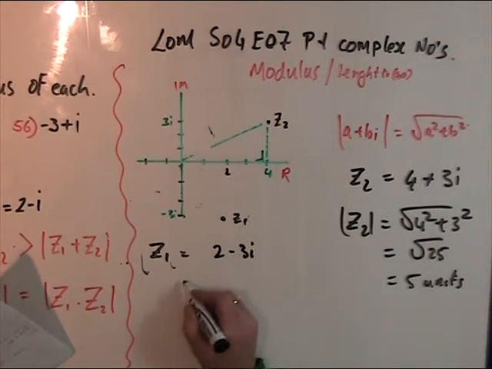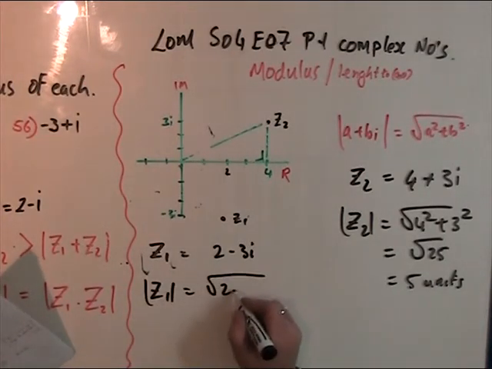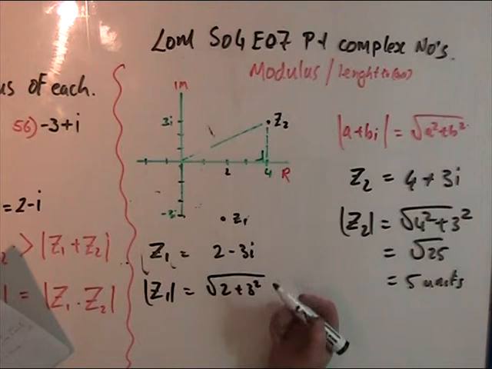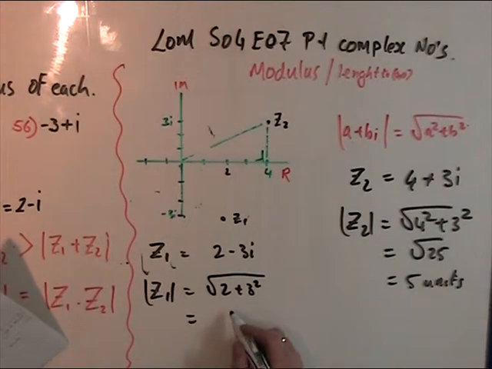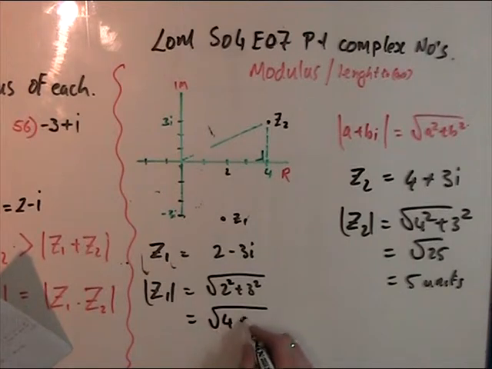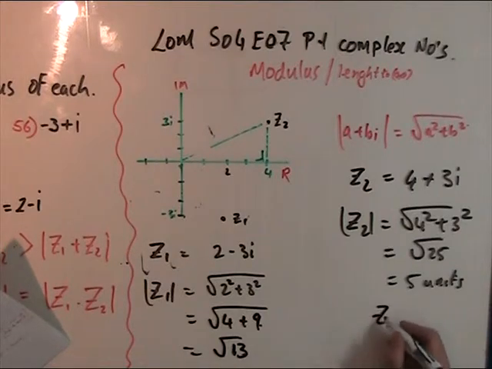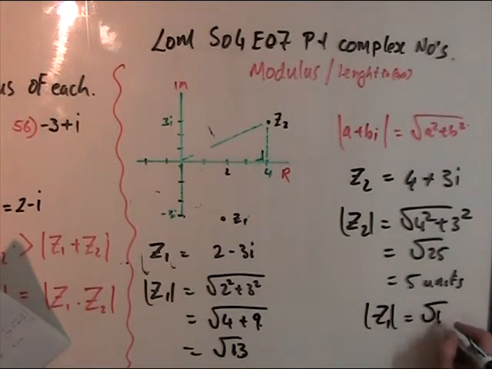Now the length of that is going to be the same again: you square, 2 squared plus 3 squared. You don't mess with signs, it's all positive. So 2 squared is 4, plus 3 squared is 9, is the square root of 13. So the length of Z1 is equal to the square root of 13 units.